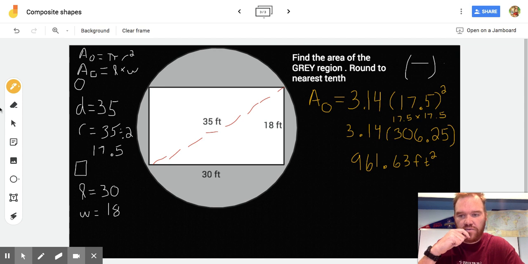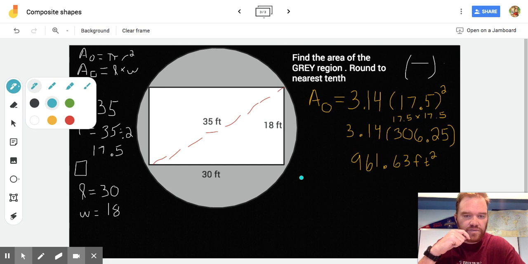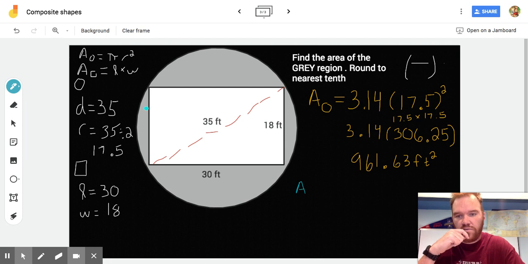Now we need to find the area of our rectangle. For the area of the rectangle, we have a reference up here: length times width.